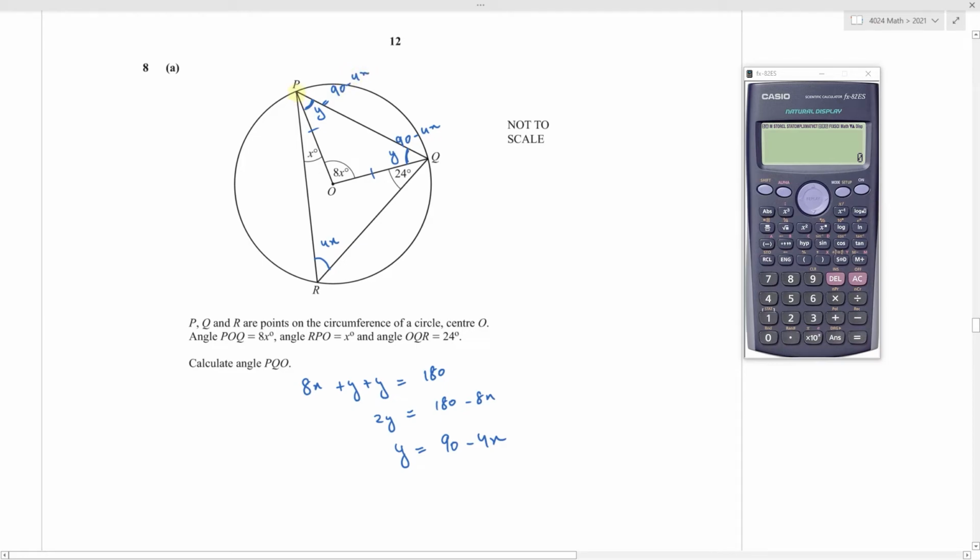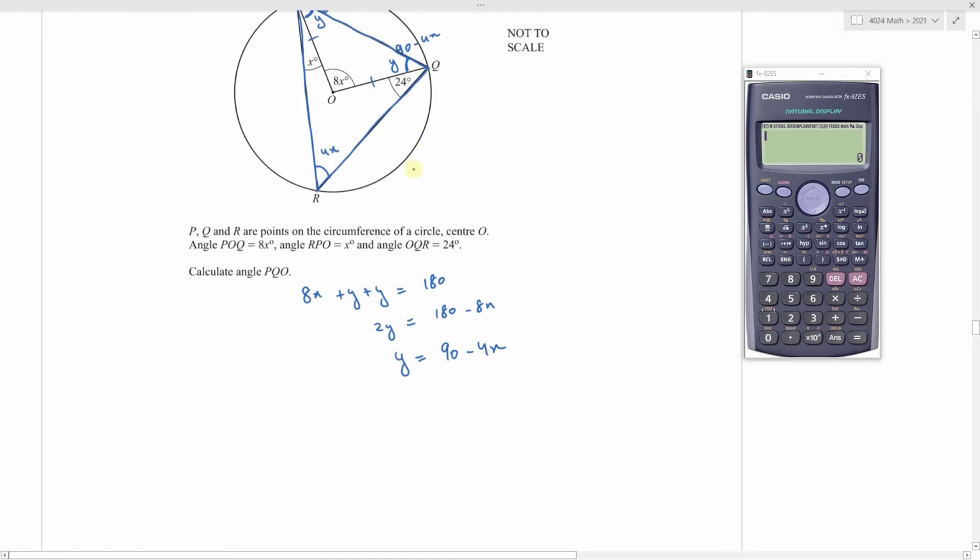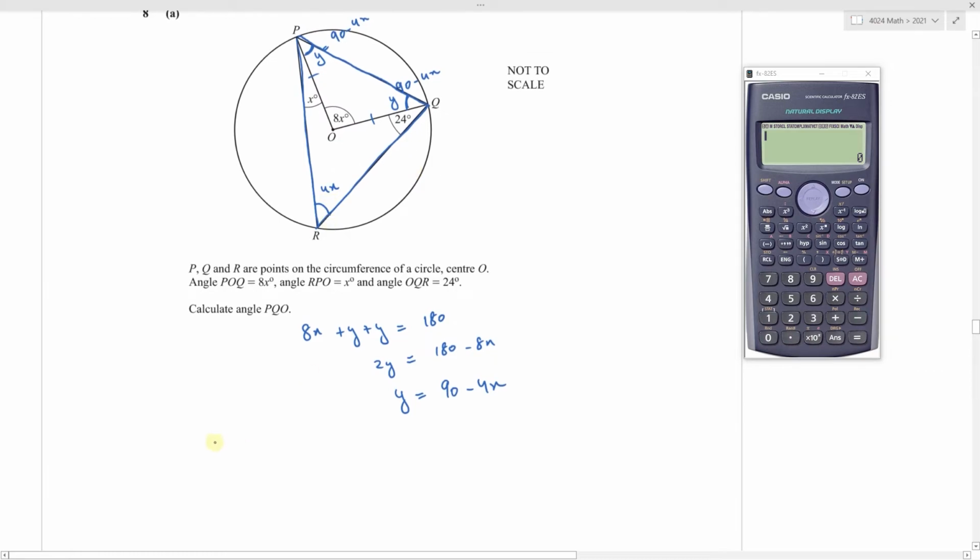So now let's look at this triangle PRO. I will add all three angles of this triangle and they should add up to 180 degrees. So let's add these 4x plus 24 plus 90 minus 4x, because this full angle here is 24 plus y, where y is this.